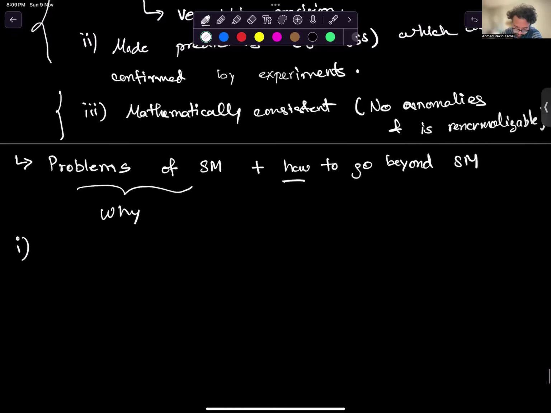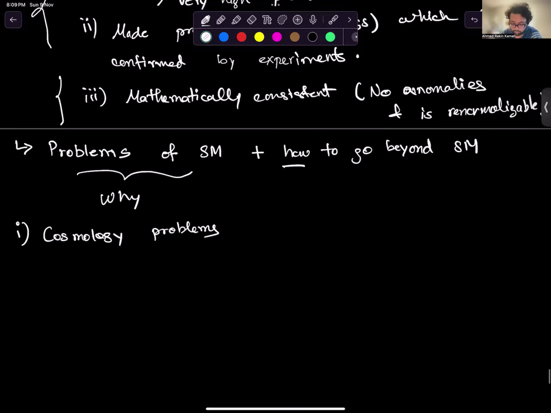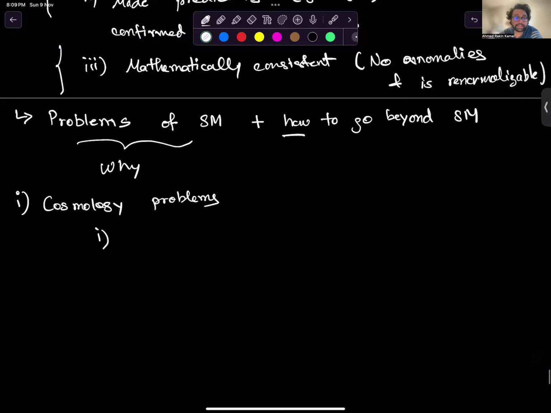So first off, my favorite avenue is cosmology problems. There are certain problems of the standard model. For example, dark energy is around 70% of all matter and energy in the universe, and it is actually driving the expansion of the universe.